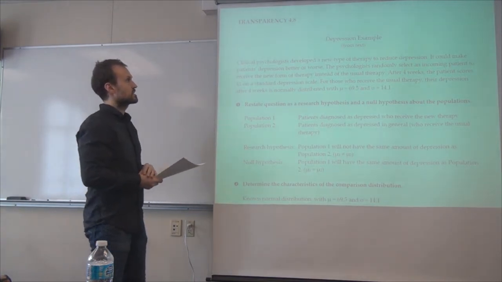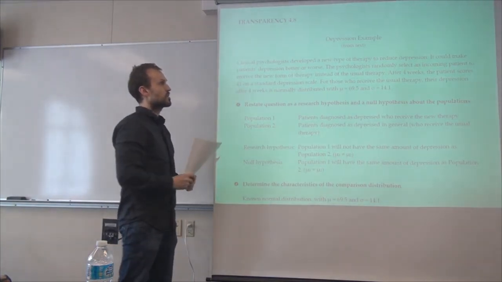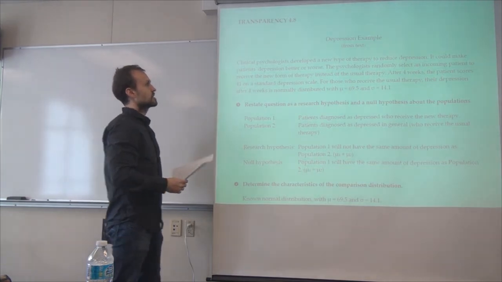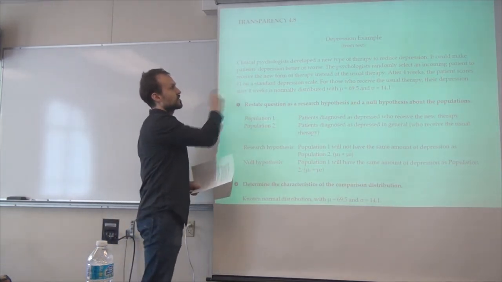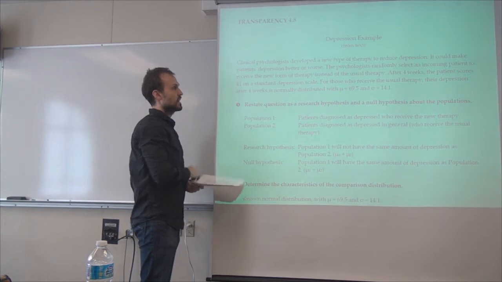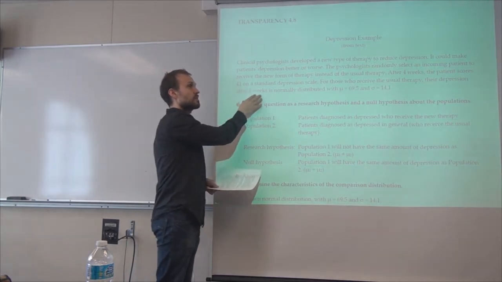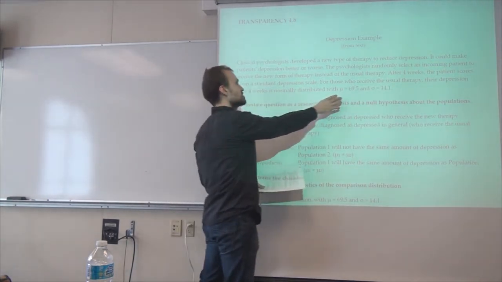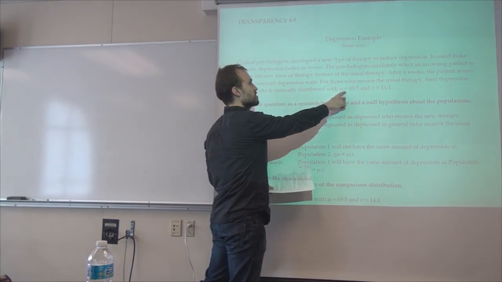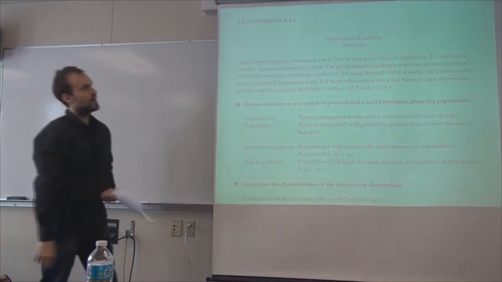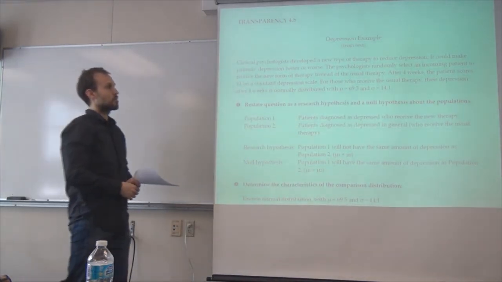I'm selecting incoming patients for the new therapy, and after 4 weeks the patient scores 41 on the test. And in general, for the usual therapy, the population has a normal distribution when it comes to the depression score, with a mean of 69.5 and a standard deviation of 14.1.